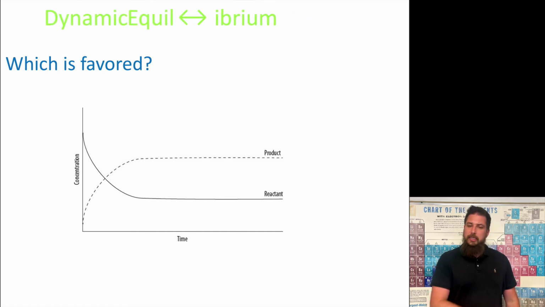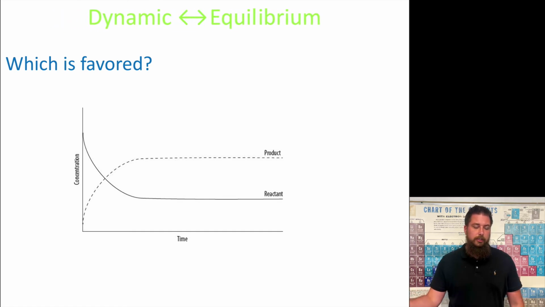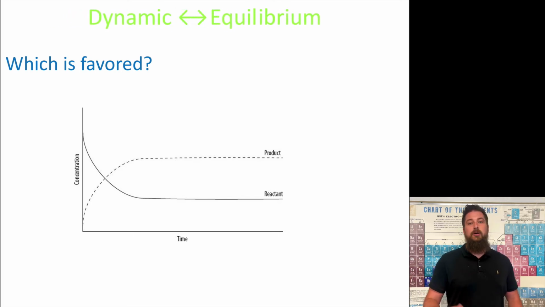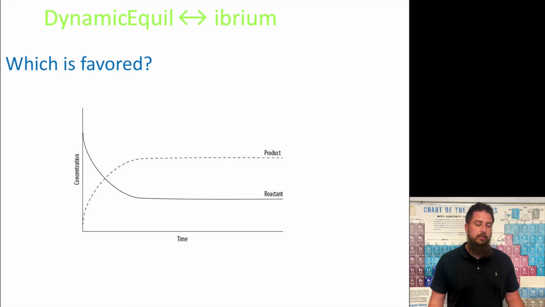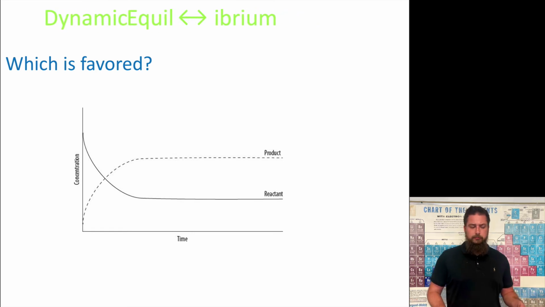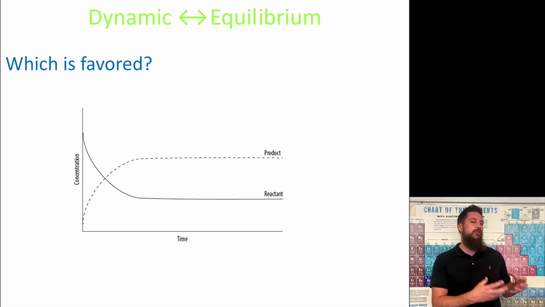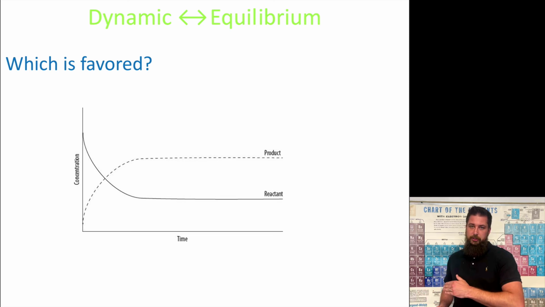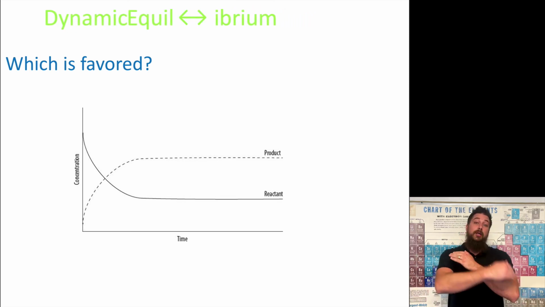Now, notice how it stays flat and keeps going. That's because the concentration of reactant and product are unchanging at equilibrium. That does not mean that there's not a reaction occurring. What it means is that their concentrations are unchanging. However, there are reactants becoming products, and there are products becoming reactants.